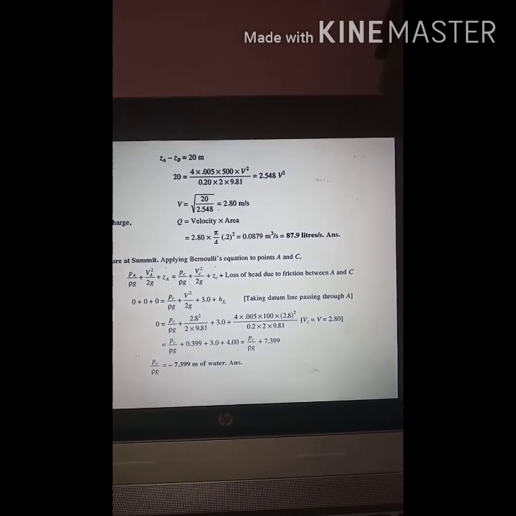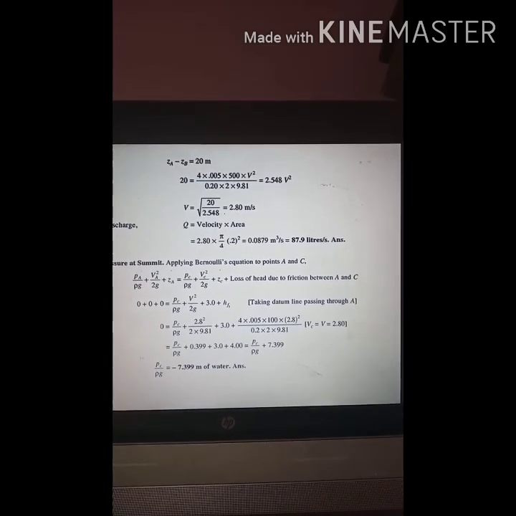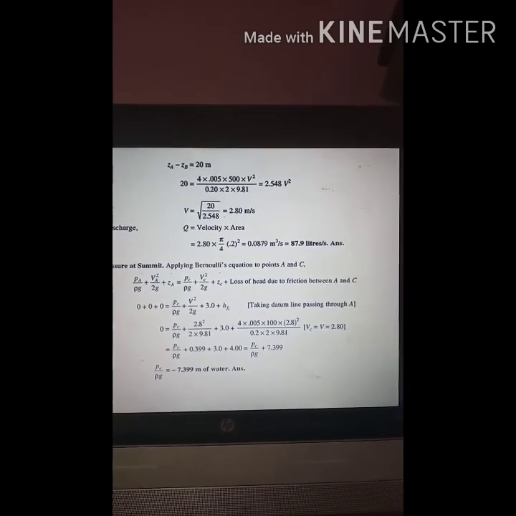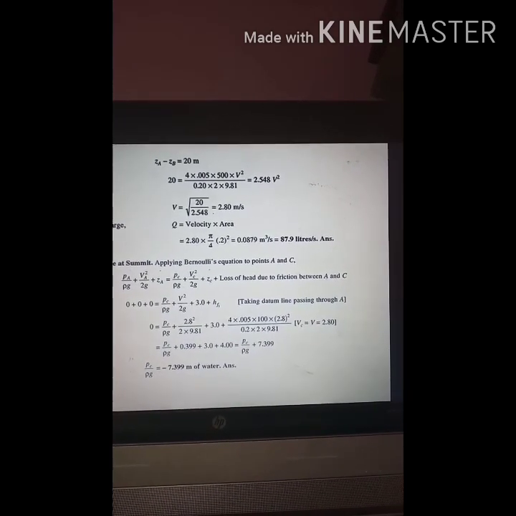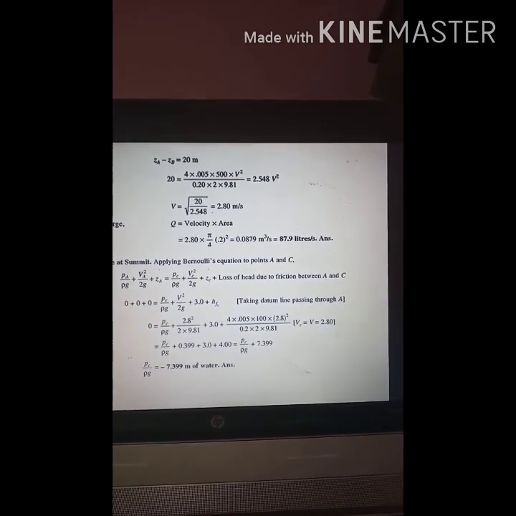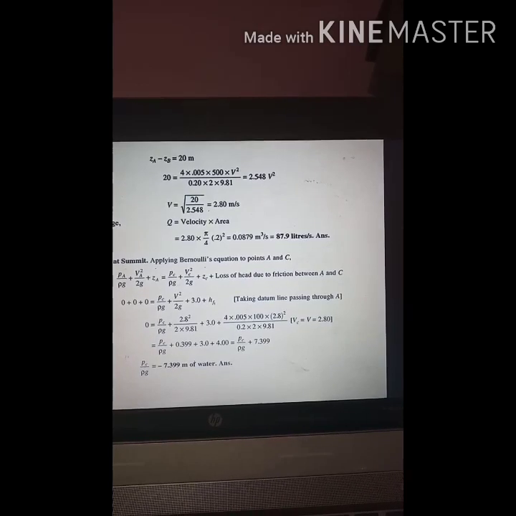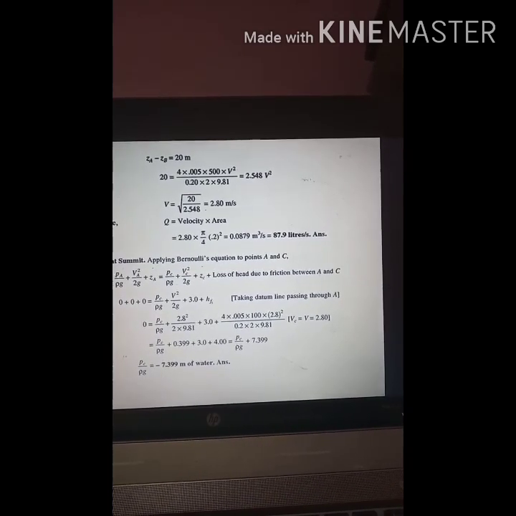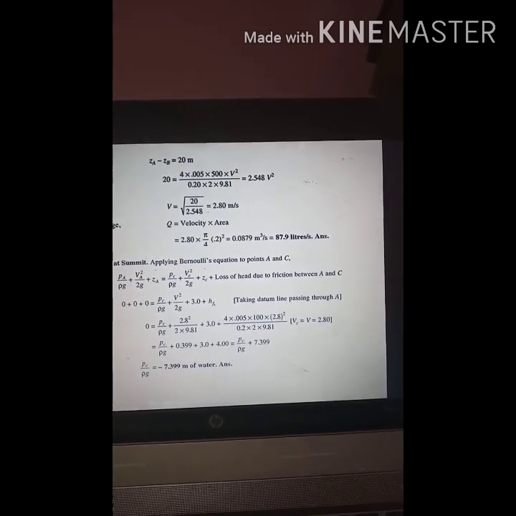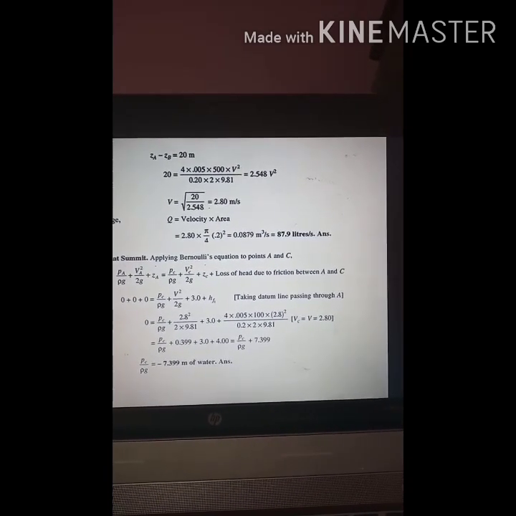PC by rho g, it is the vacuum now, so it cannot be taken as 0. V square by 2g, it is the velocity, already we have found in the pipe, plus 3 meter, that is the ZC value compared to ZA, plus HF, that is loss of head, friction head, 4 FLV square by 2GD, and that is also known to us now, because the length of the summit from the point A is given as 100 meter.